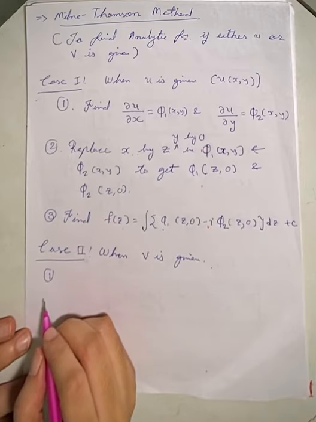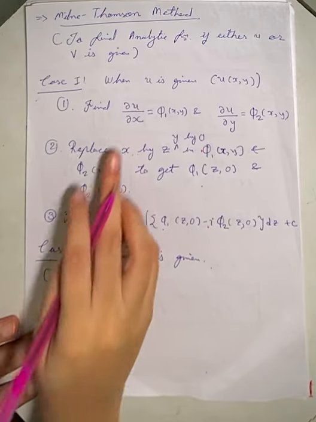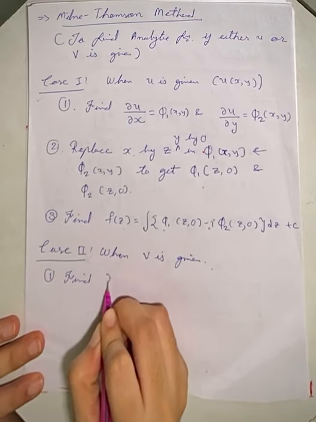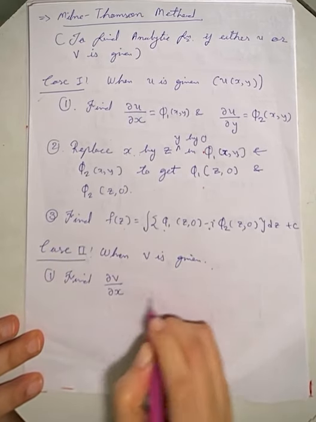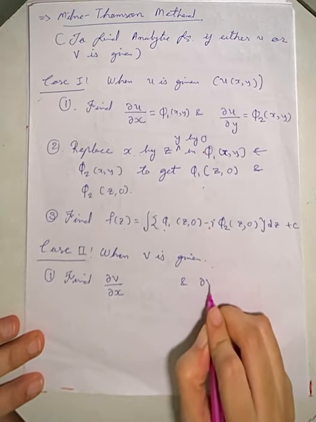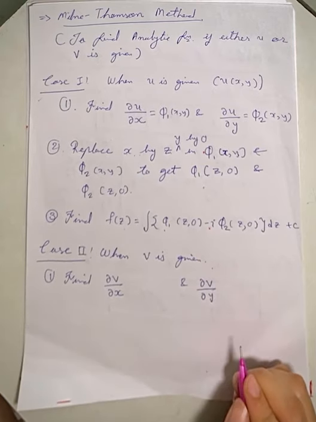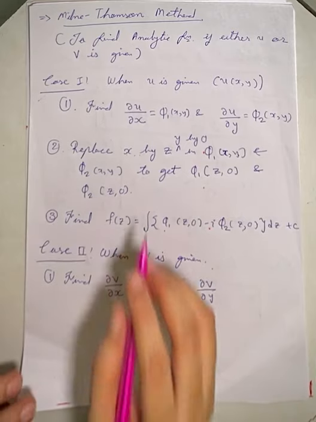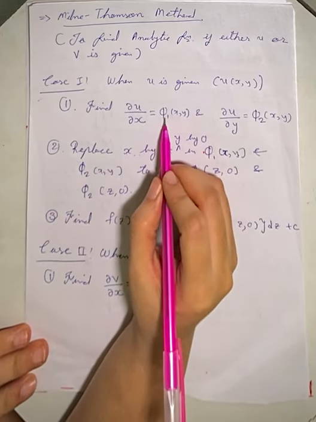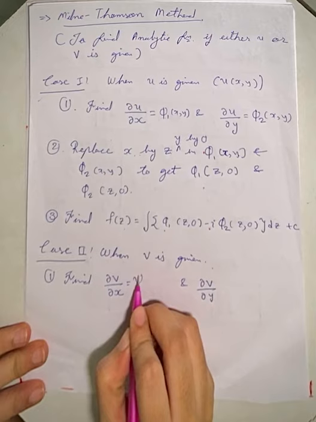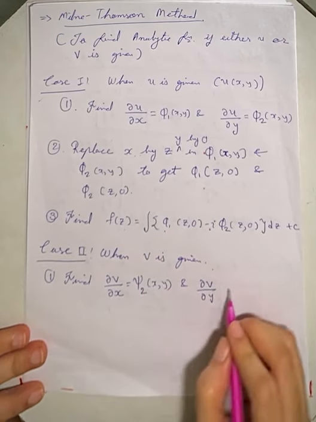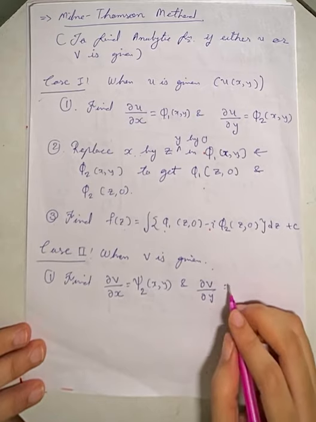When v is given, the first step is the same: find del v by del x and del v by del y. But here I will call the first derivative psi 2 and the second one psi 1.